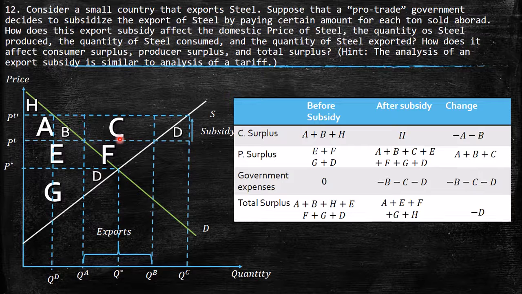So the total surplus is exactly the same. I hope this analysis, despite the mess that I put here, is kind of clear. Consumers have the same, producers will receive C, and the government has to spend C.